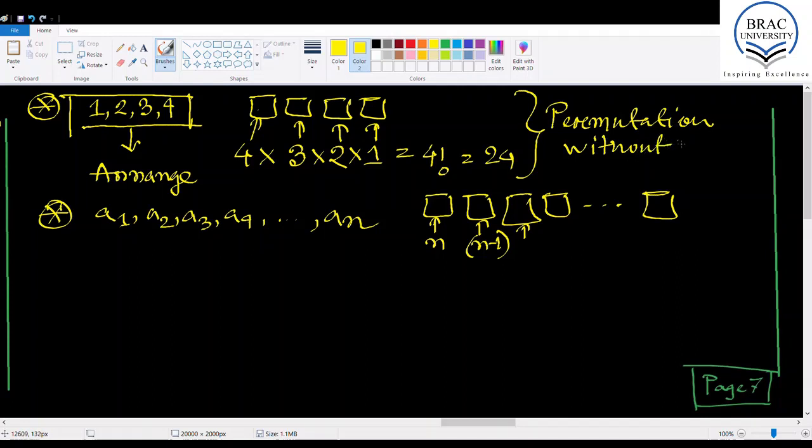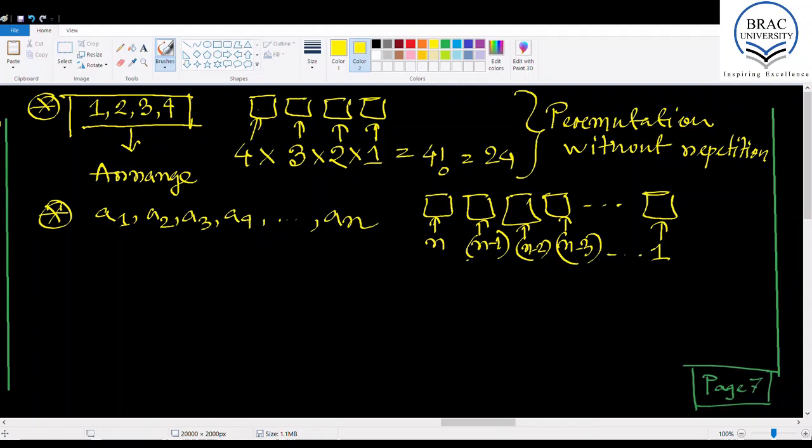I repeat, permutation without repetition. In the previous part we studied permutation with repetition, but here you can use a single element only once. So for the second slot there would be n minus 1 options, for the third slot n minus 2 options, since two of them are already used. For the fourth slot n minus 3, and for the last slot there would be only one option remaining.